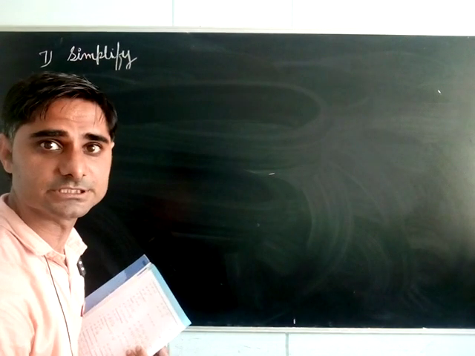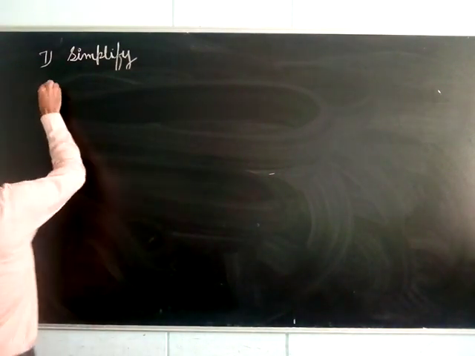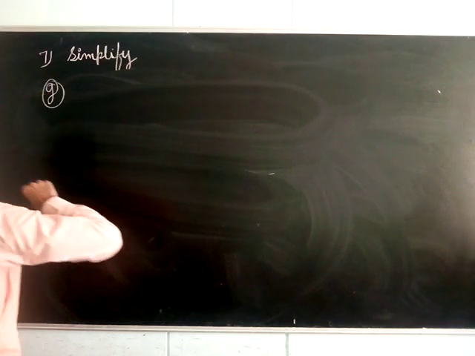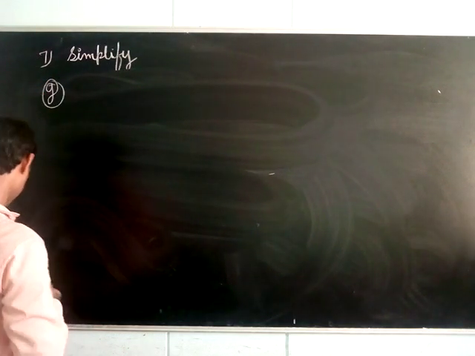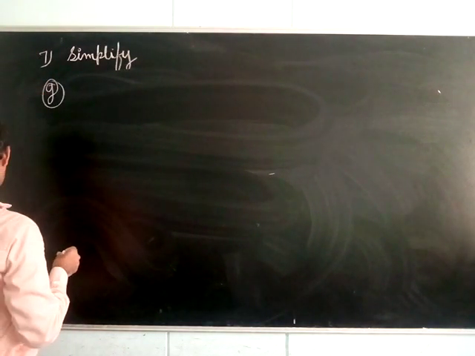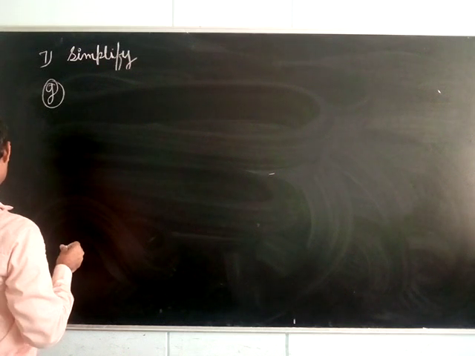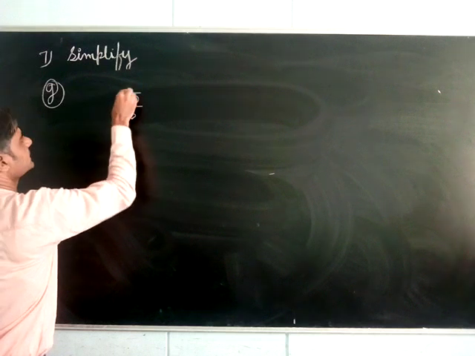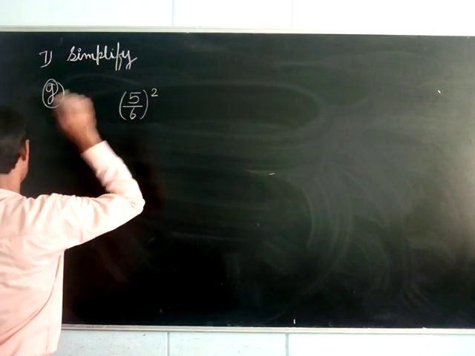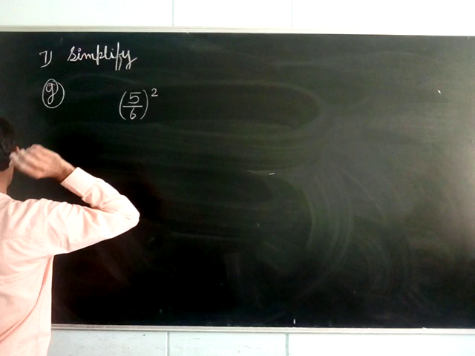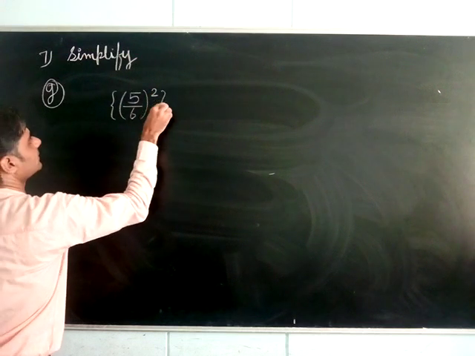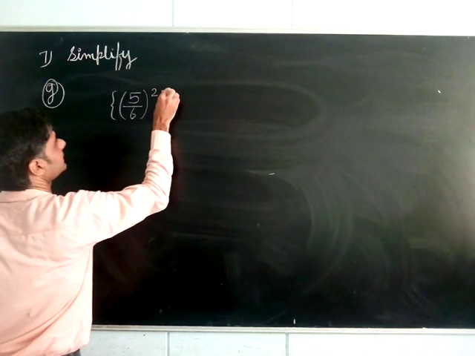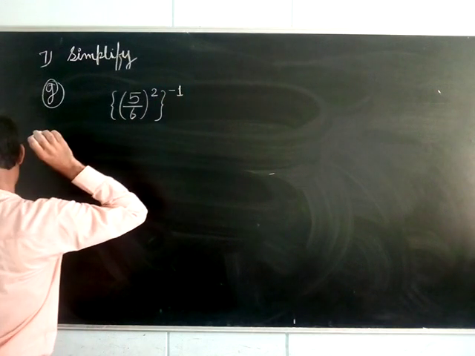Okay, G is: one big bracket is there. First of all, (5/6)^2, 5/6 whole power 2. After that, a middle bracket is there, and on this one the power is minus 1.